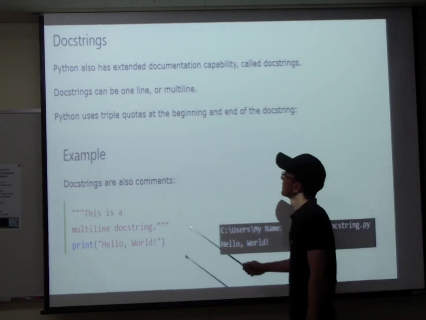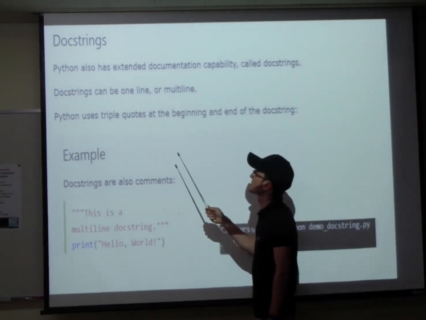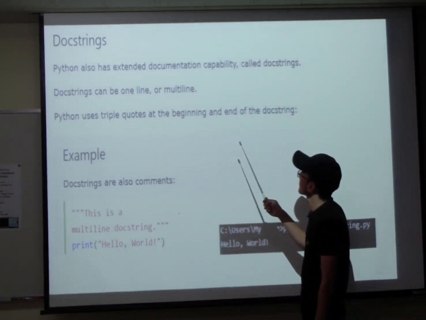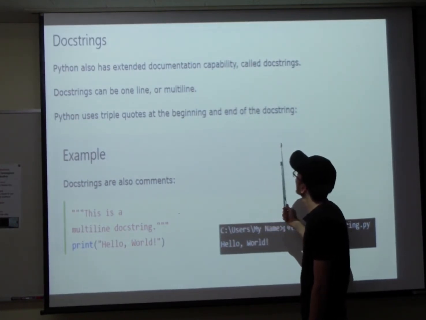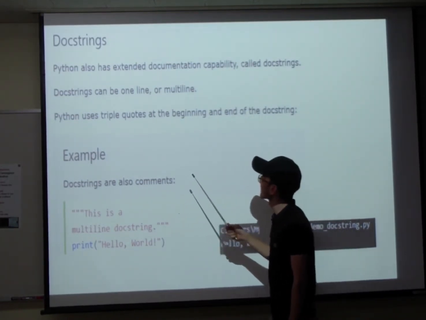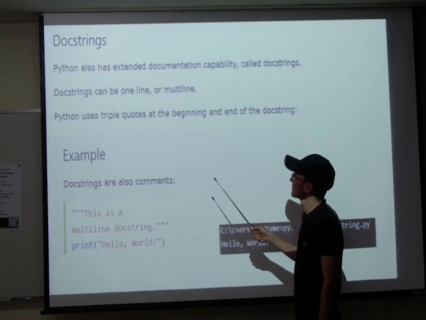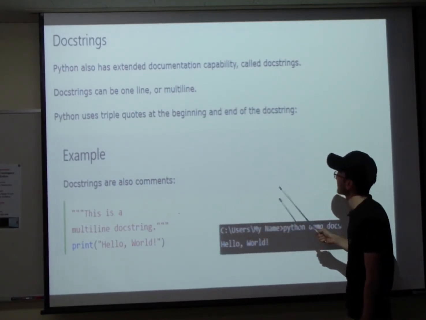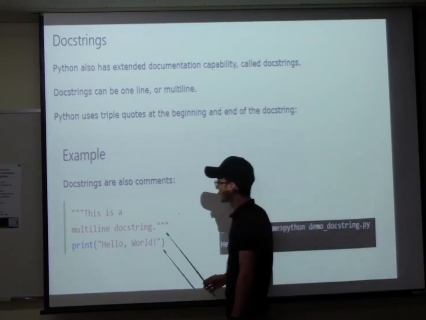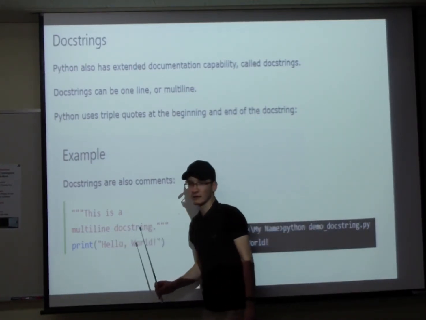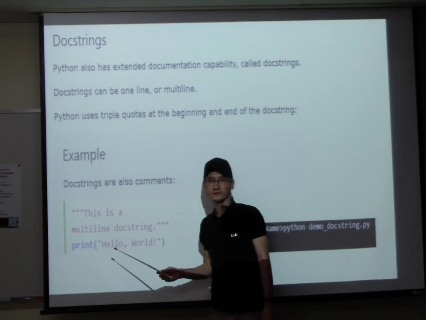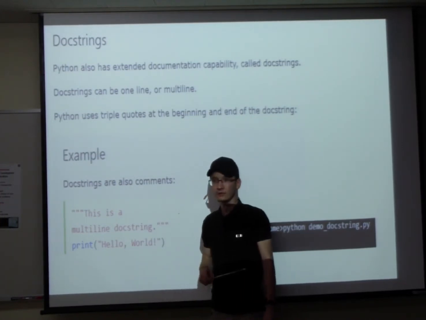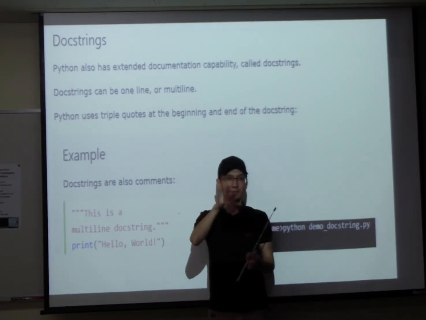So we also have docstrings. Python also has extended documentation capability called docstrings. Docstrings can be one line or multi-line. Python uses triple quotes at the beginning and end of the docstrings. In our first example of comments, we just used this sharp character.